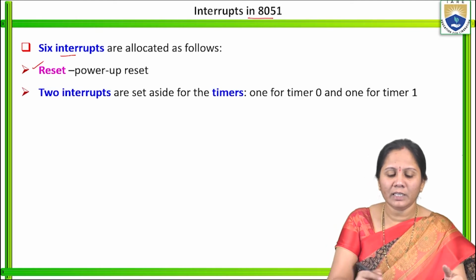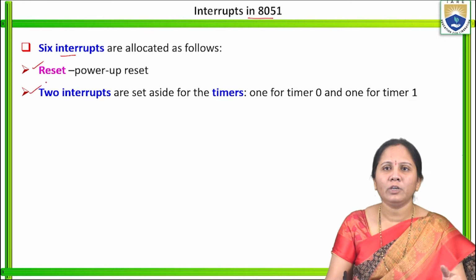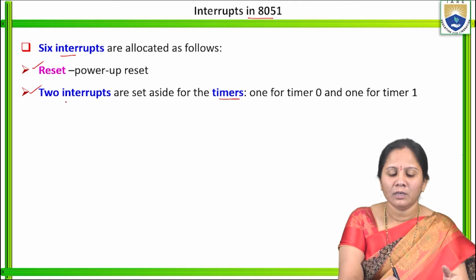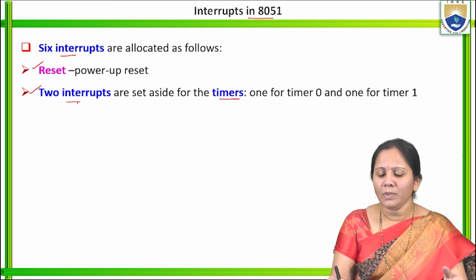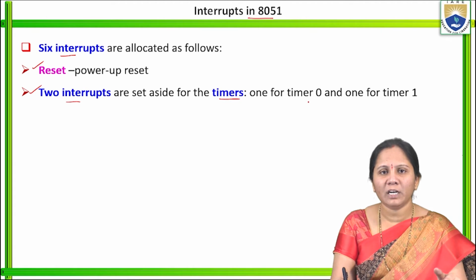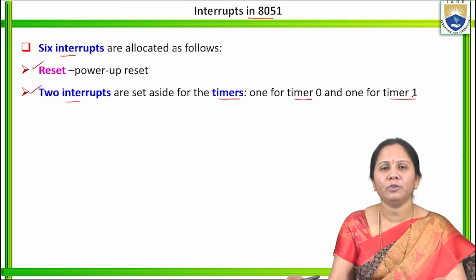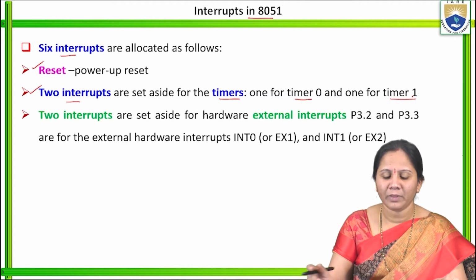And the next interrupts are related to timers. So 2 interrupts are related to timers, because here we have 2 timers. One interrupt is related to timer 0, another interrupt is related to timer 1.